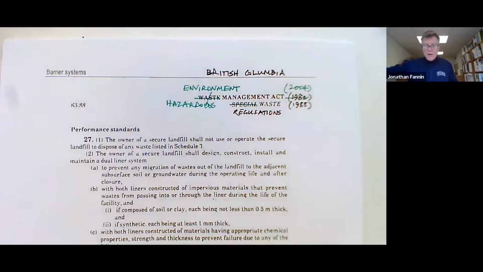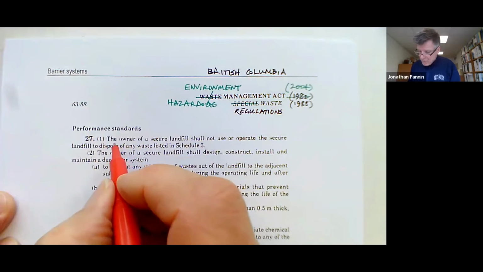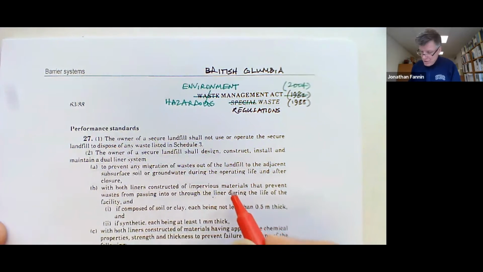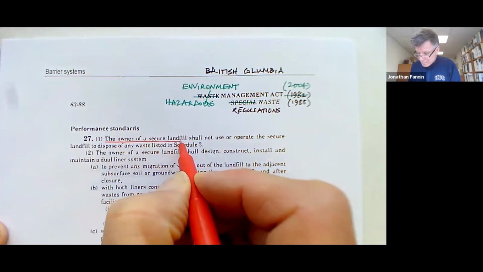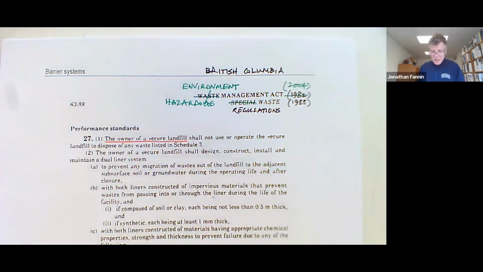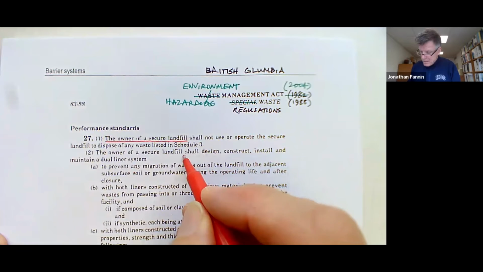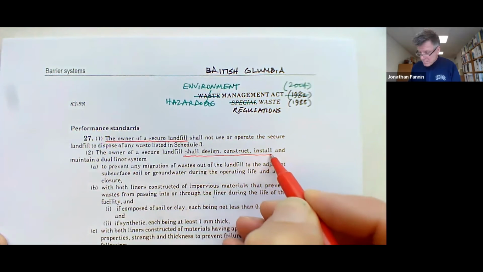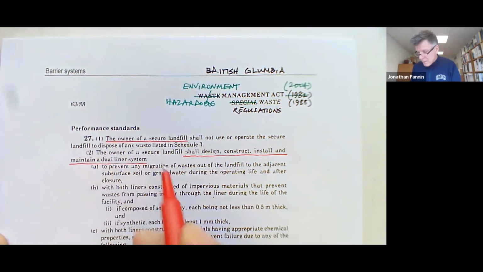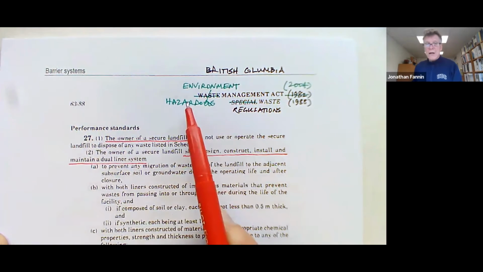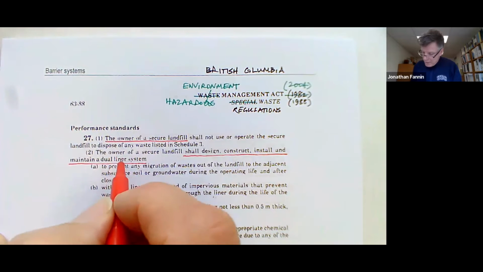And thus we can go in and look at what's expected of an owner and thus the owner's engineer. The owner, for example, of a secure landfill, what's the expectation? Shall design, construct, install, and maintain for this special or hazardous waste a dual liner system.